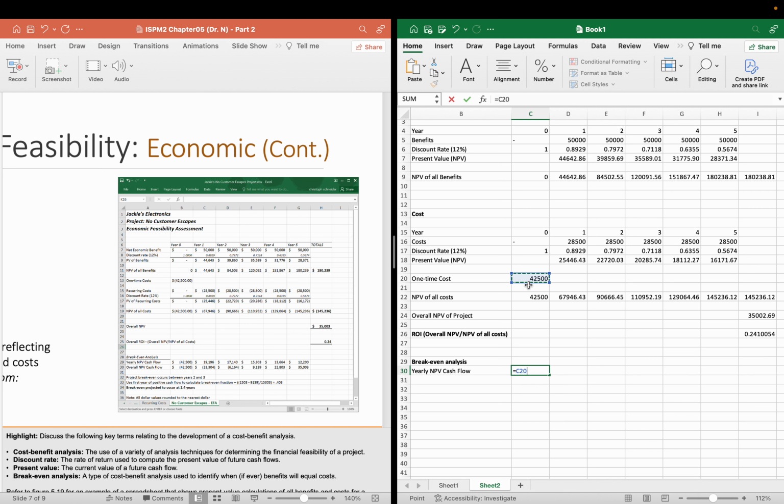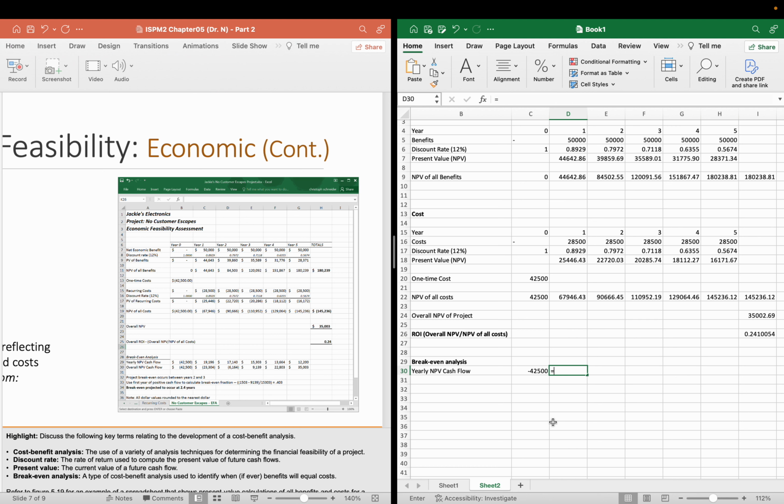So we had $42,500 as the one-time cost, and we didn't have any benefit. So the net present value cash flow would be, remember, benefits, which is 0, minus the cost that you have. So we have a negative cash flow here. The cash flow would be negative.